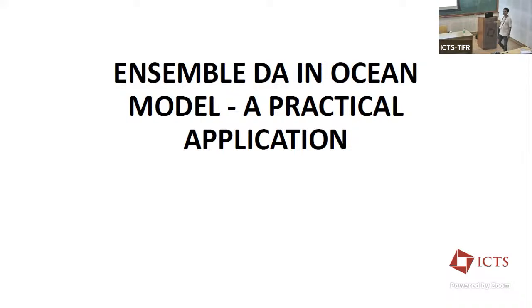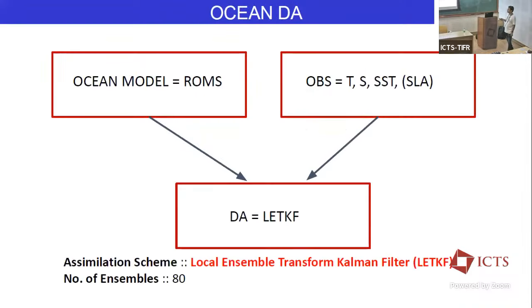So now we'll move on to the ocean data assimilation system that we have in place at INCOIS. Like any data assimilation system, you need three components. One is the model. In this case, the model is called ROMS, Regional Ocean Modeling System.